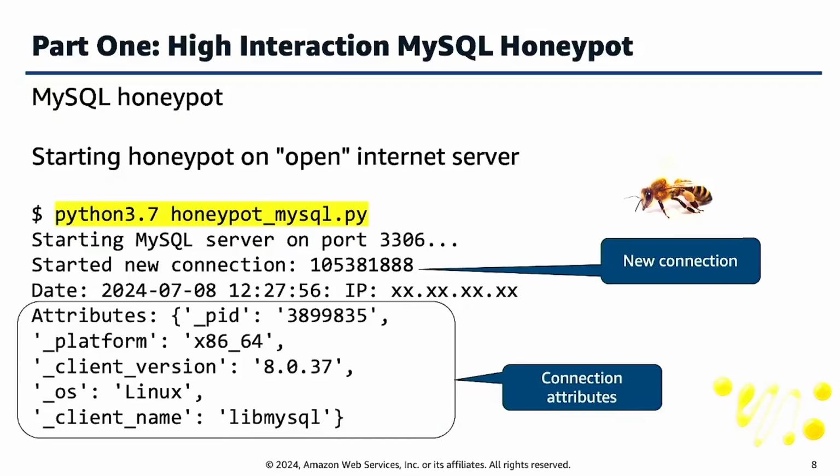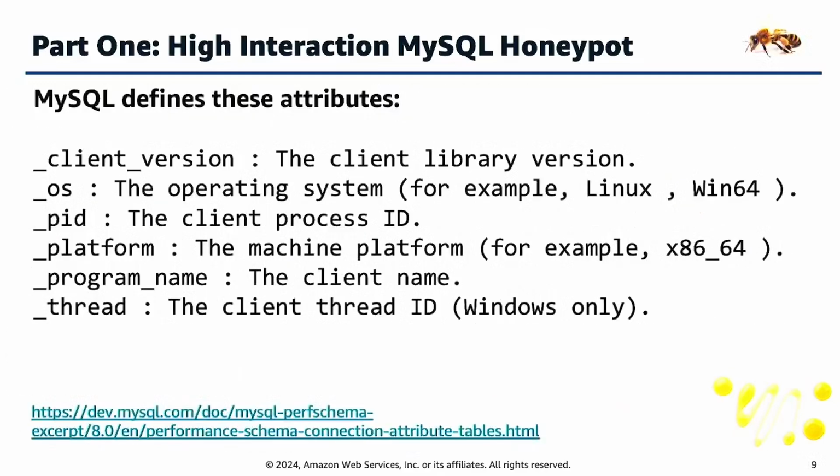We started seeing people connecting; bots are connecting to us. MySQL has connection attributes, similar to the HTTP user agent. Basically, you can see what client programs and which versions they're using. MySQL defines client version, operating system, platform, and program name.